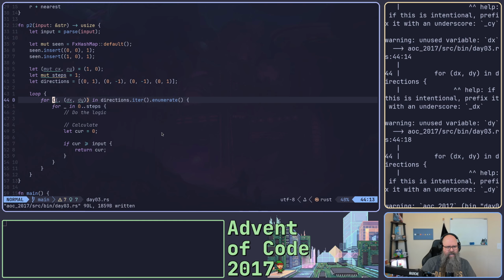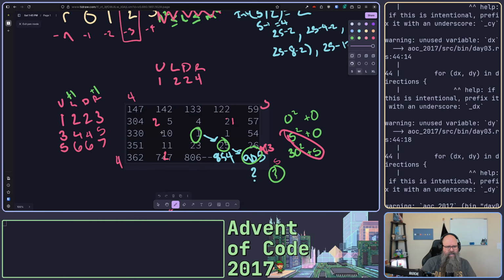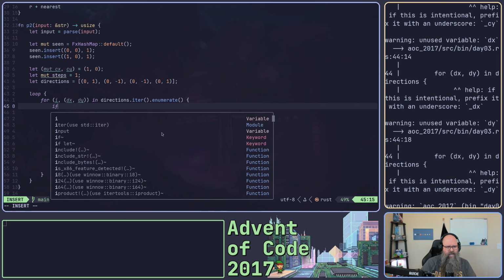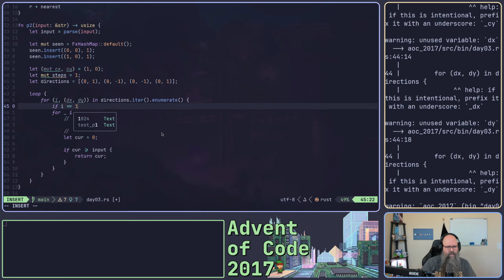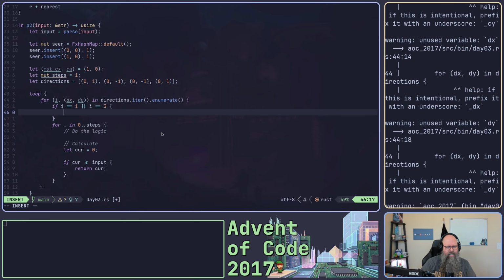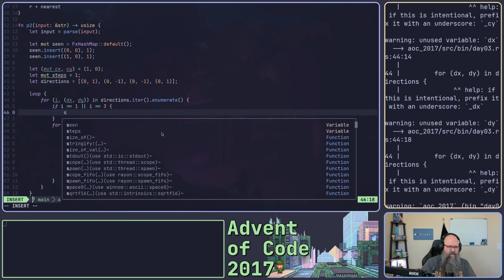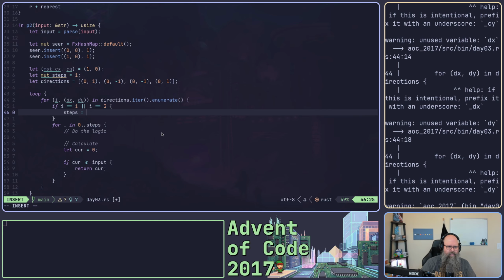And then we say, what is it? 1 and 3. If i equals 1, i equals 3, steps equals 1, right?